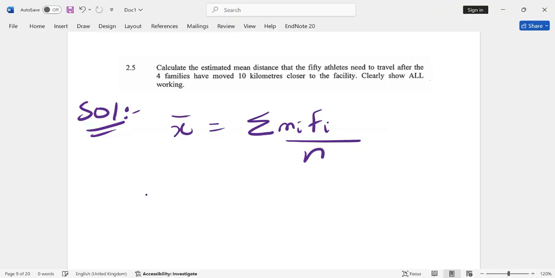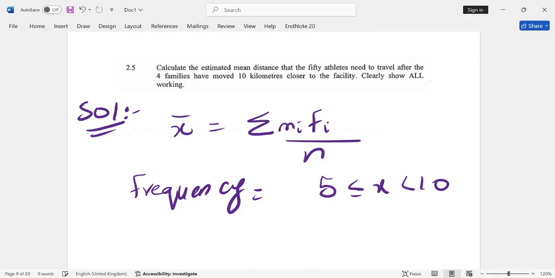and we have the midpoint mi, and the frequency we have is 5 less or equals to x less than 10, and we have the interval changes frequency, and we have 15 less or equals to x less than 20.